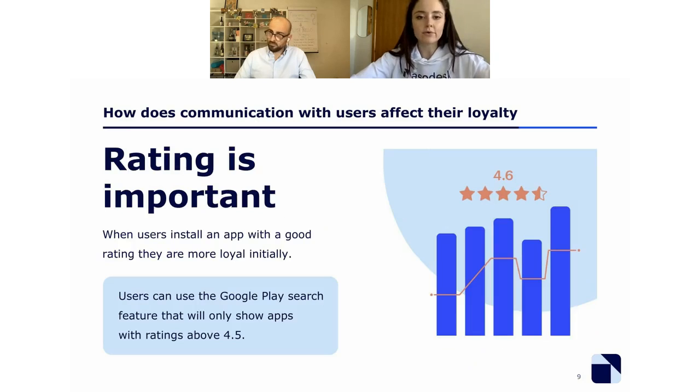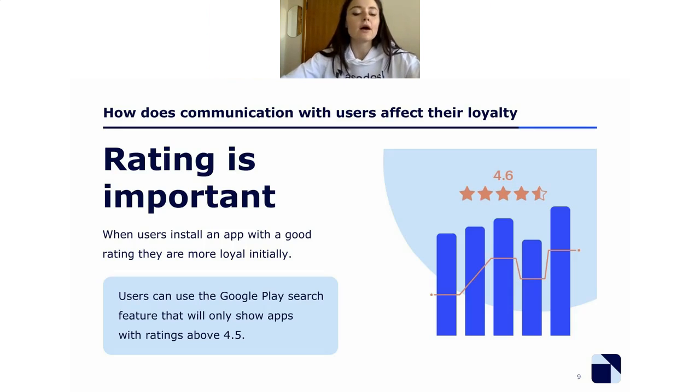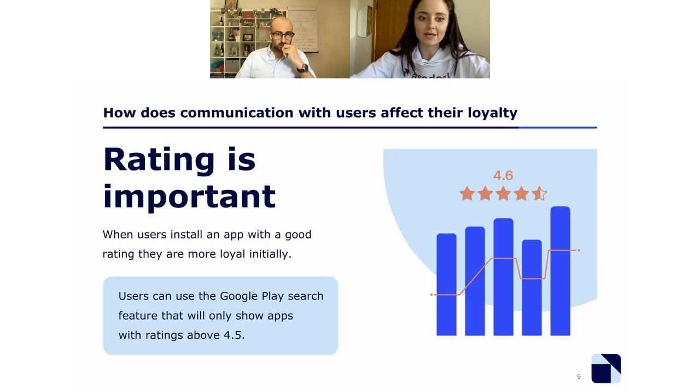Here I want to summarize that rating is important, and when users install an application with a good rating, they are more loyal initially. So loyal users who are already using your application can bring more loyal users to your application.